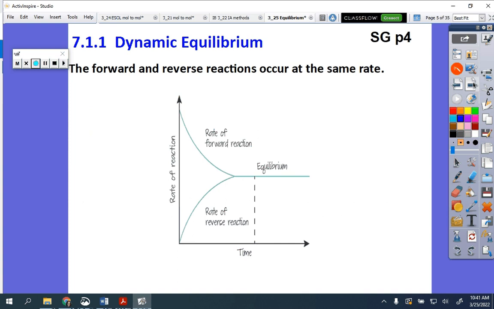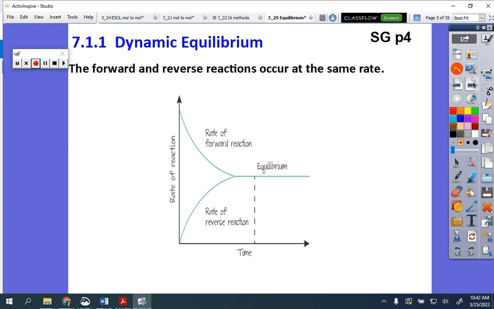The concentration is going to change, and that's going to change the rate of reaction, as we learned about last chapter. Eventually, that rate is going to decline and hit a plateau. And as we make products, some of those products can react to make the reactants in the reverse reaction. So the more products we have, the faster our reverse reaction is going to be.